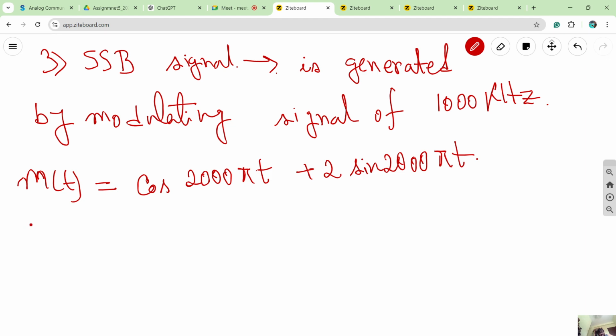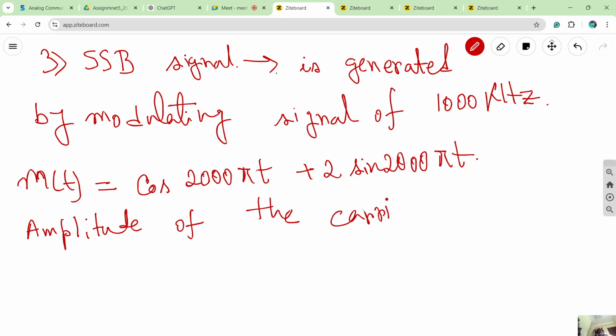Another information given is that the amplitude of the carrier, that is Ac, is equal to 500.